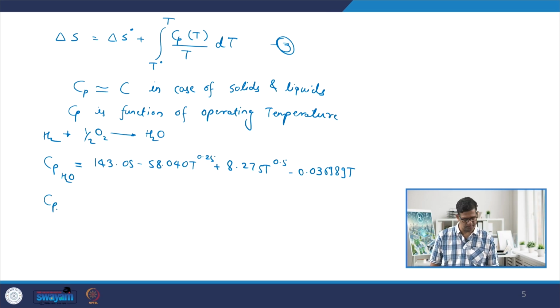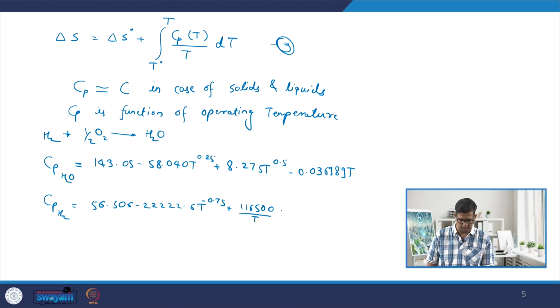How can we write it for hydrogen? It is 56.506 minus 22,222.6 times T to the power minus 0.75 plus 116,500 divided by T minus 560,700 times T to the power minus 1.5.